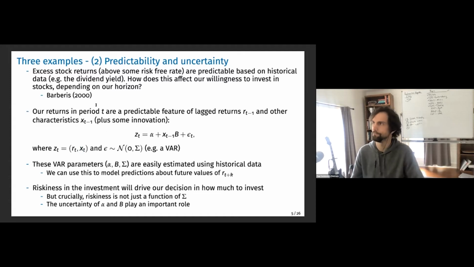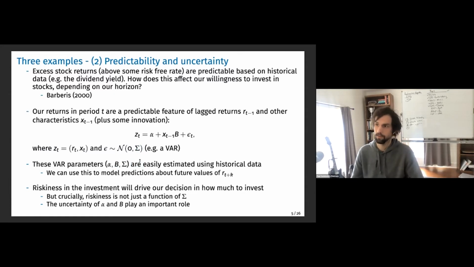Like the dividend yield. And then we have this VAR, with these parameters, alpha and capital B, which is obviously a matrix. And then we have this epsilon_t, which has a covariance matrix, sigma.